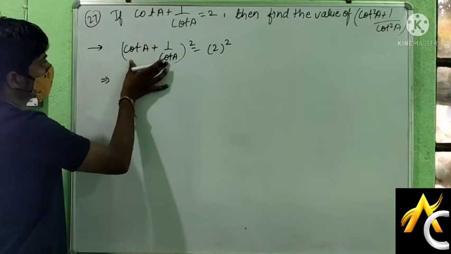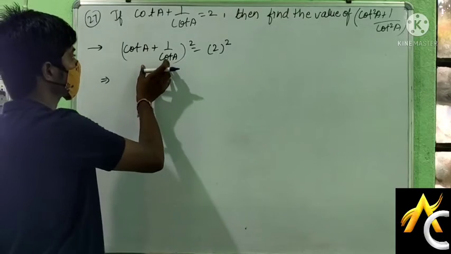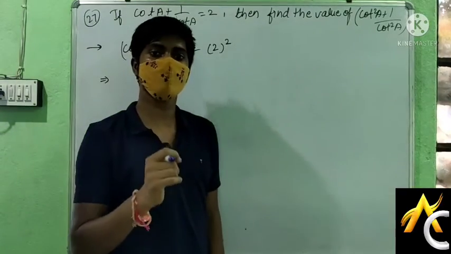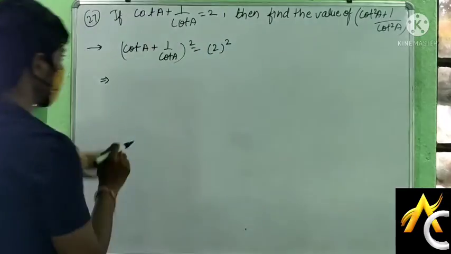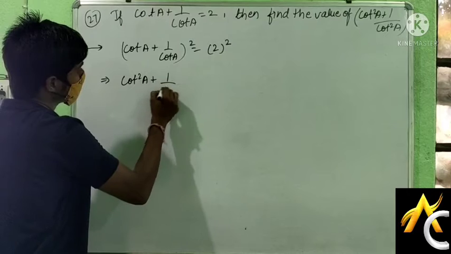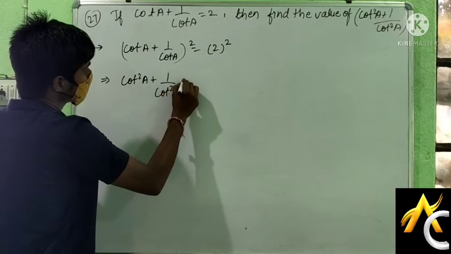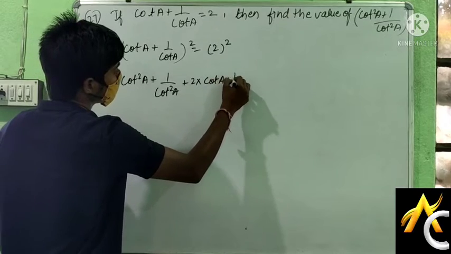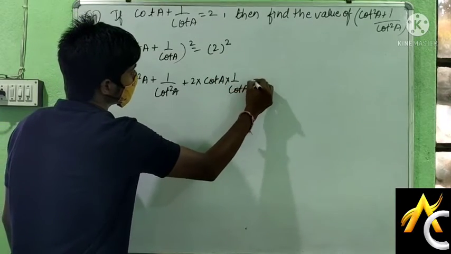That implies by applying the identity (a plus b) whole square is equal to a square plus b square plus 2ab, hence it will be cot square A plus 1 by cot square A plus 2 into cot A into 1 by cot A equal to 4.